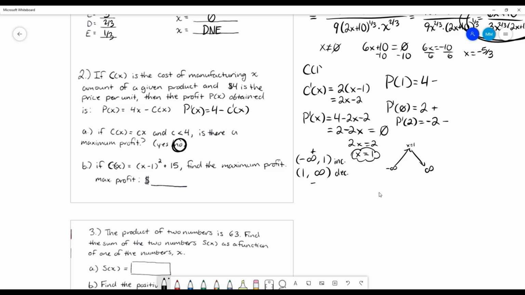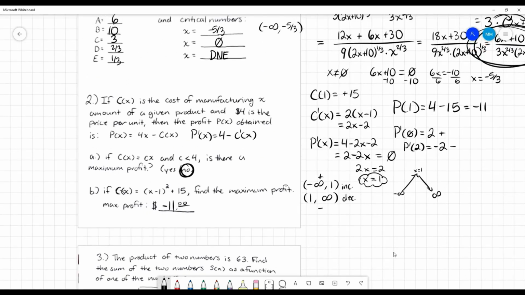Well, C of 1 is going to be 0, because 1 minus 1 is 0, so it's 0 squared, which is 0, plus 15. So our profit, plug that back in, it's going to be 4 minus 15, which is negative $11, which means that this is not a very profitable business because their maximum profit is negative $11. So the most money they can make is losing money. That's unfortunate. But that is our answer for this. I hope that makes sense.